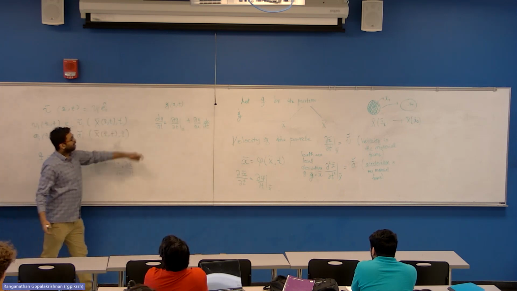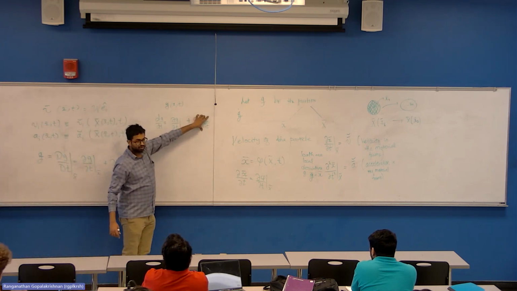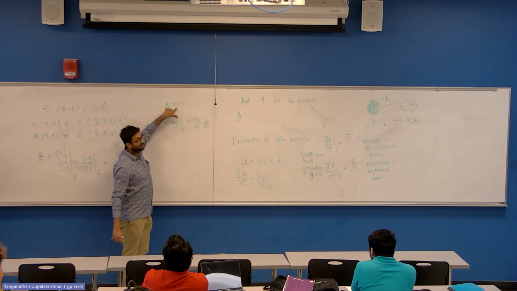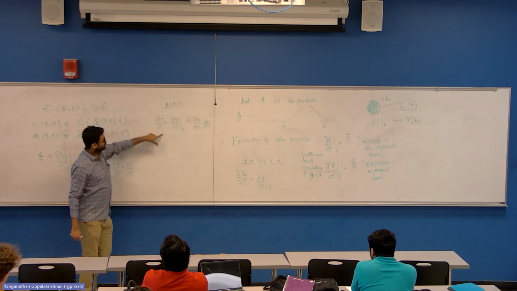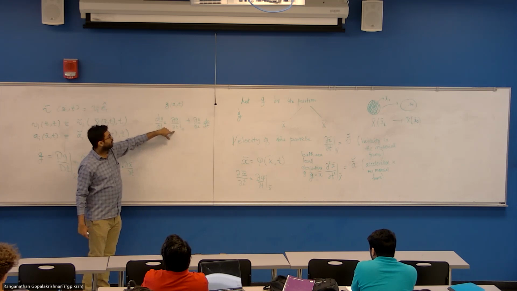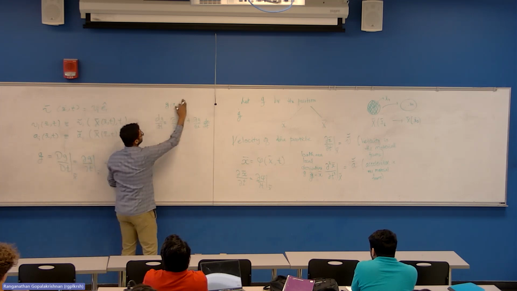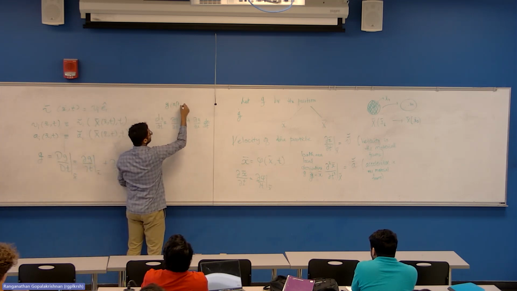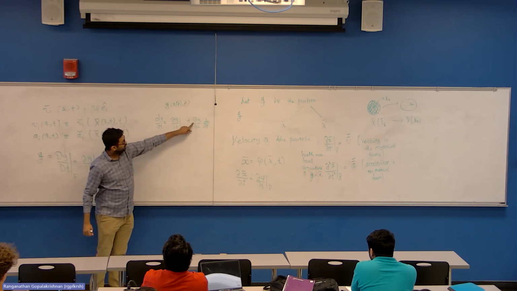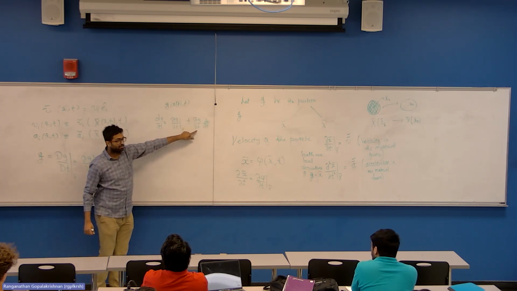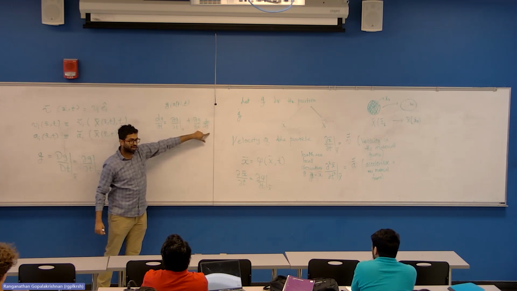If x is not a function of time, this term is zero. If x and t are completely independent of each other, what you get as the total derivative is just the partial derivative. But if x itself is a function of time as well, then g is changing with respect to x, but x is also changing with respect to time.